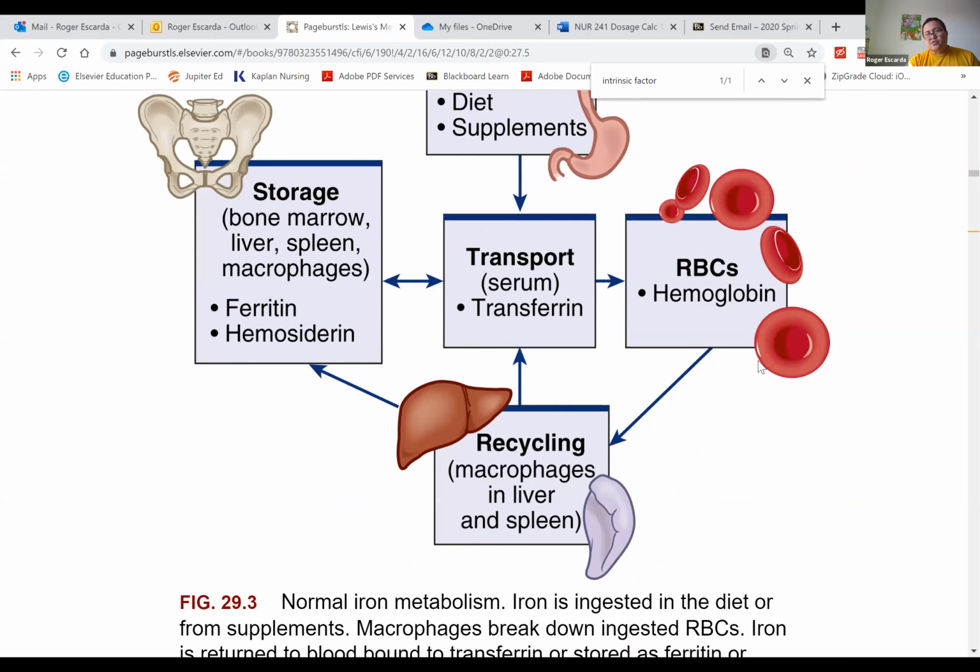So this is the normal shape of your red blood cells. They're nice disc-shaped cells. They have no nucleus, so therefore can they divide? No. They are solely produced by the bone marrow, so on their own, they cannot really replicate.